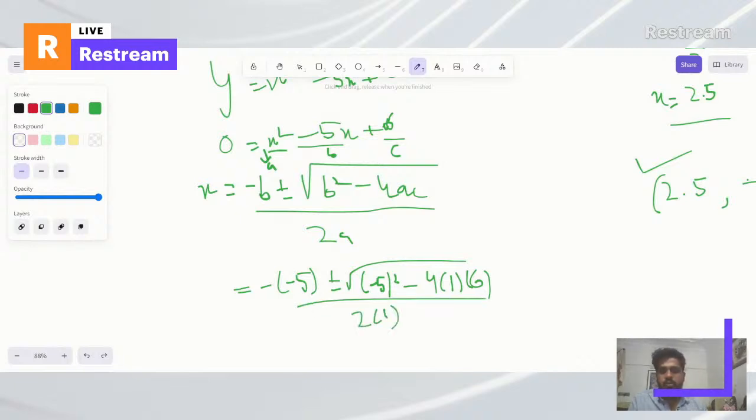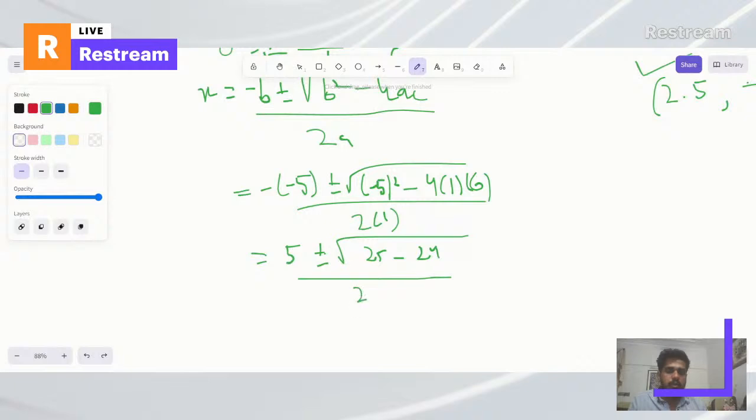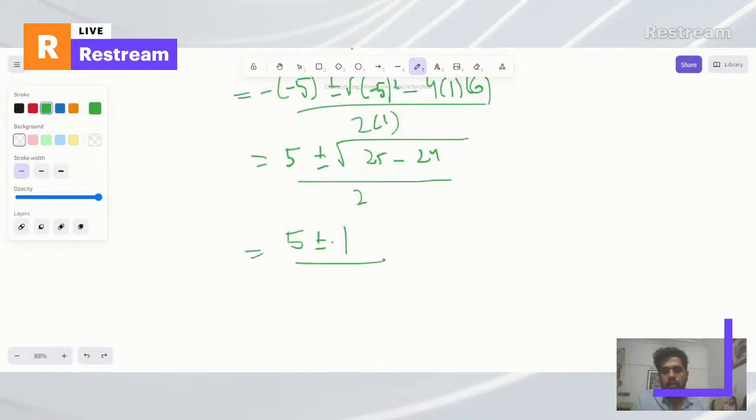So it's going to be 5 plus minus under root 25 minus 24, which gives us 1. Under root 1 is 1, upon 2.